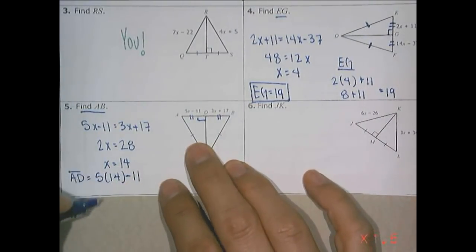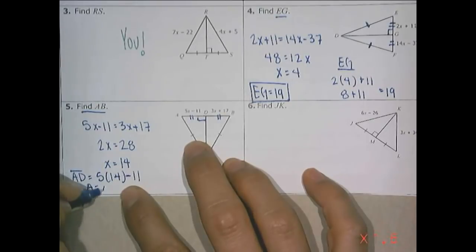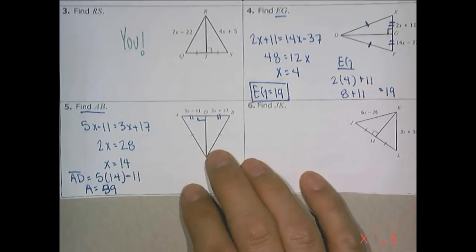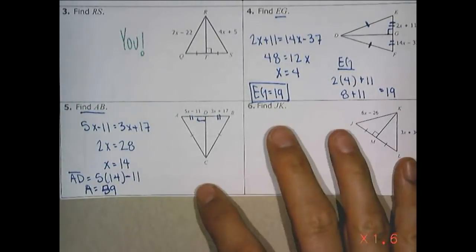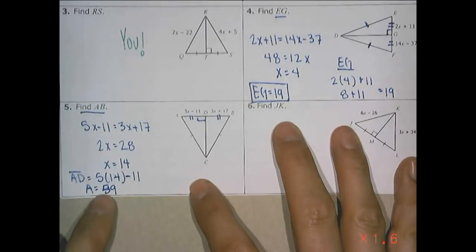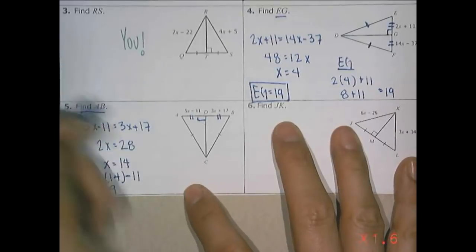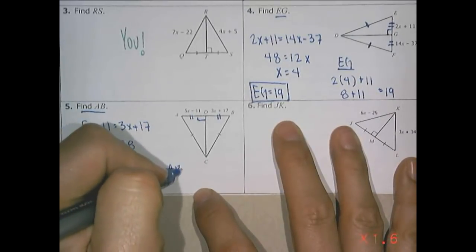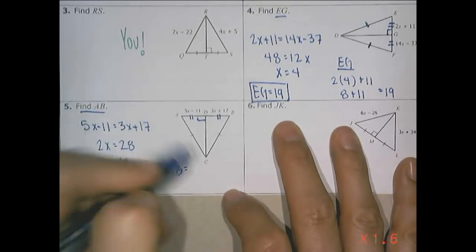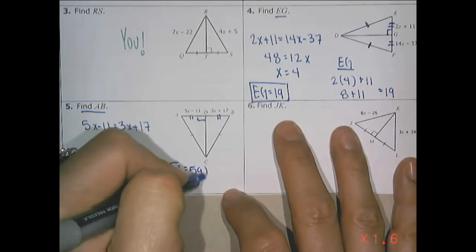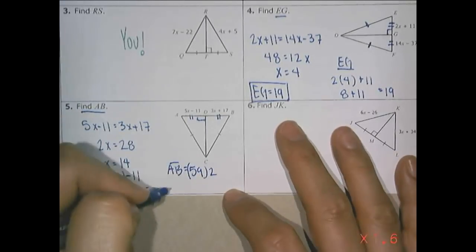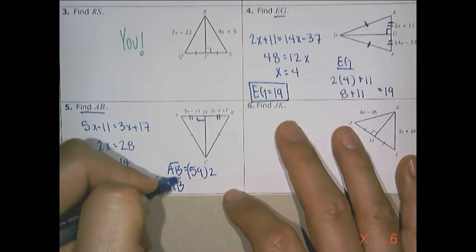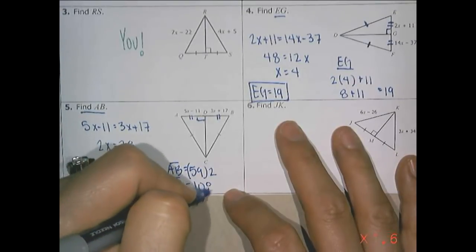When I do that, I'm going to get AD equals 59. All right, and now I need to find AB, so I'm going to need to take that 59 and multiply it by 2. So AB is going to equal 59 times 2. AB will equal 118.